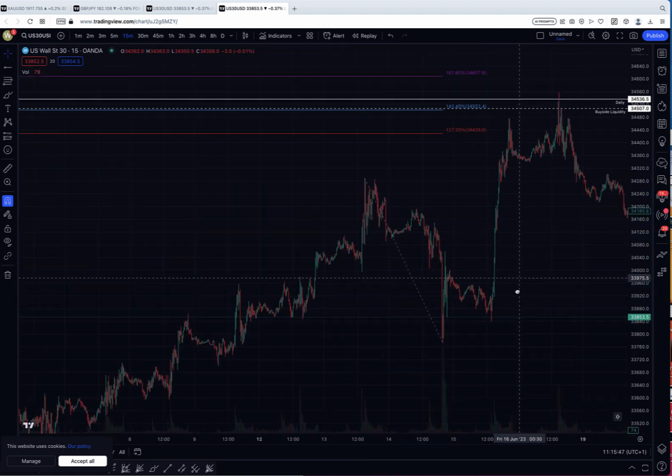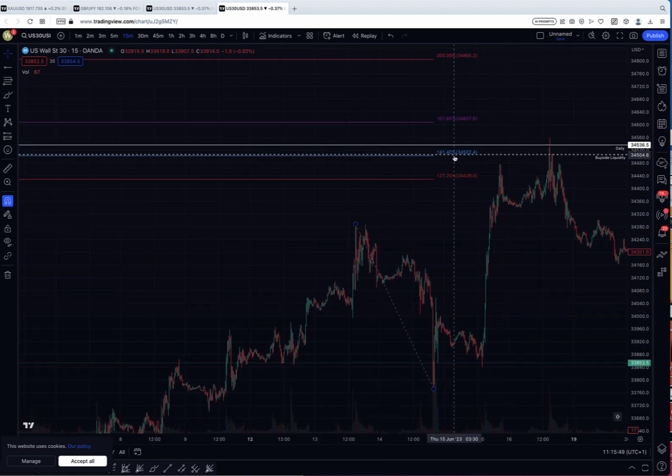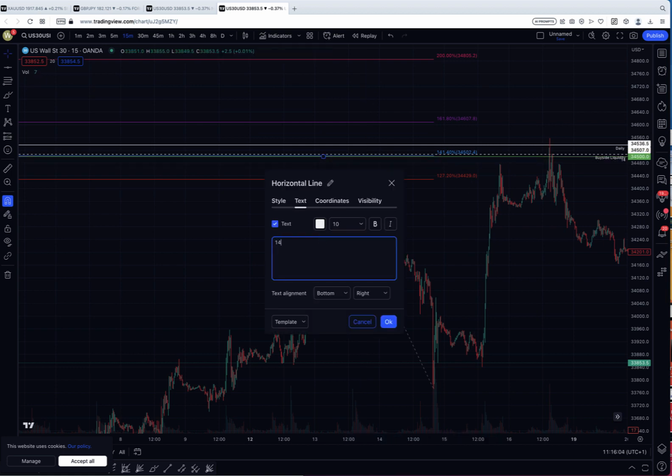That's my level here. It shows me 1.40 is a possible expansion target. And this one, 34607, is where my stop loss will be, a little bit above it. So I will mark these levels here, and I will say this one is the 140% fib expansion target, yeah?